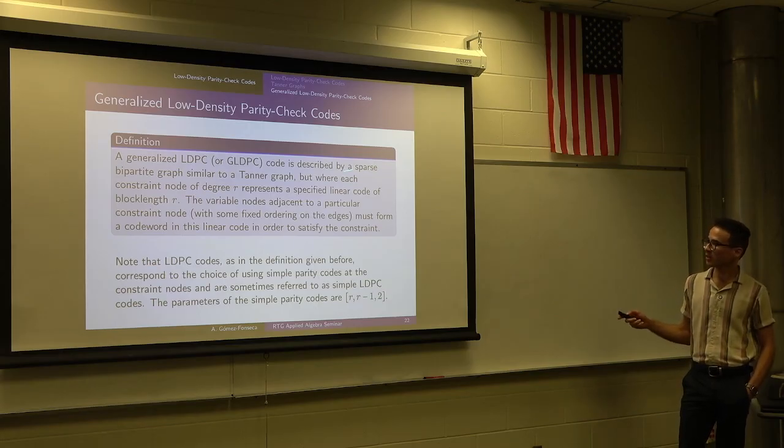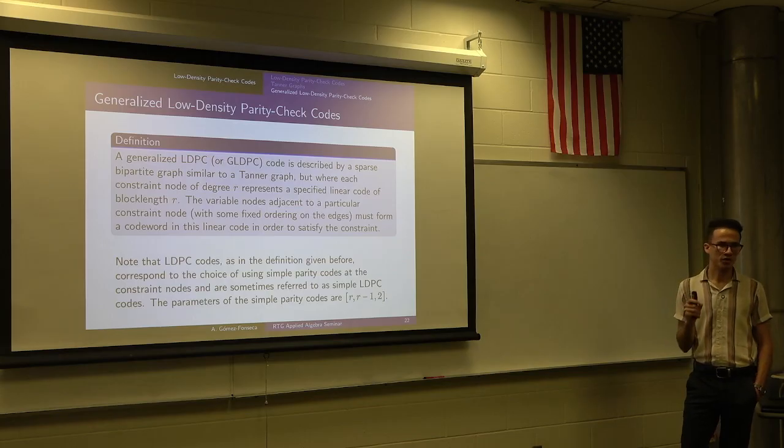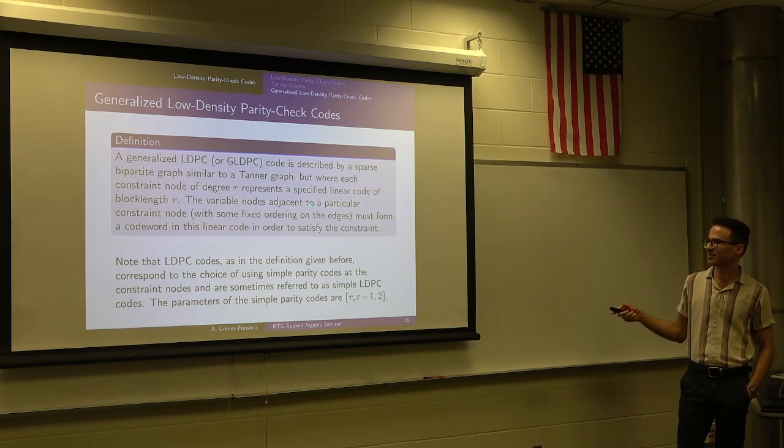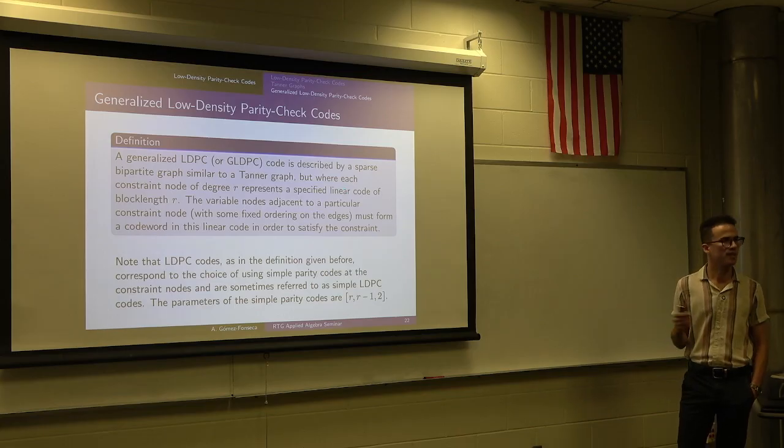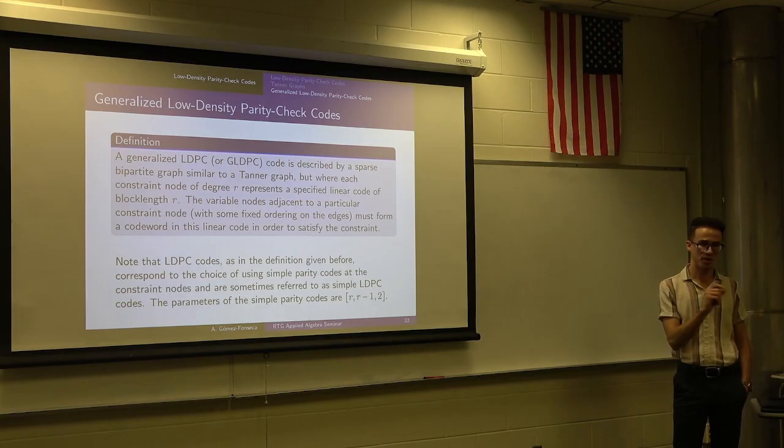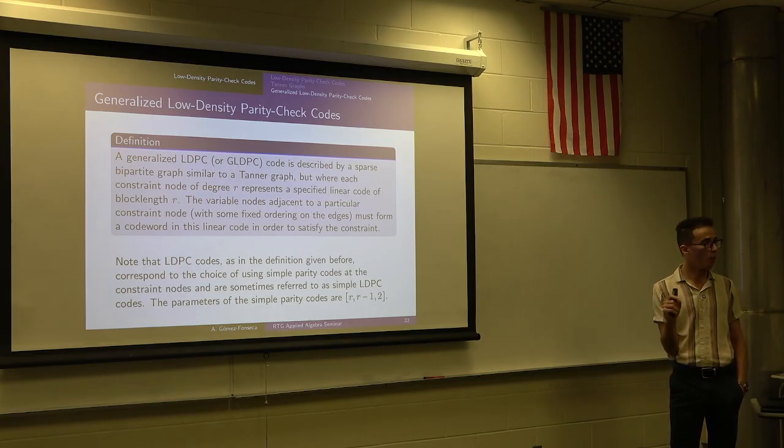If you start with a sparse bipartite graph as before, that's our Tanner graph, you can impose a condition that each one of those constraints is now a more specific linear code of a specific block length R. Suppose that the row you are considering has R 1s.